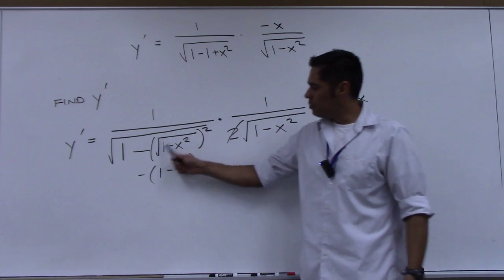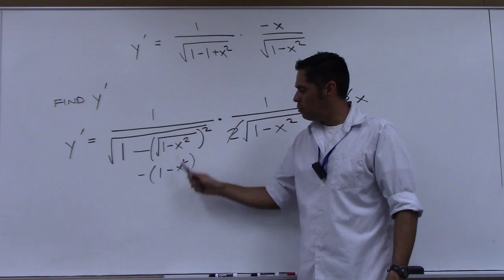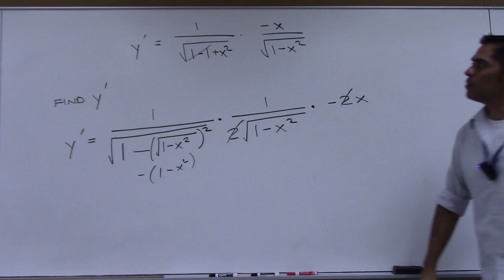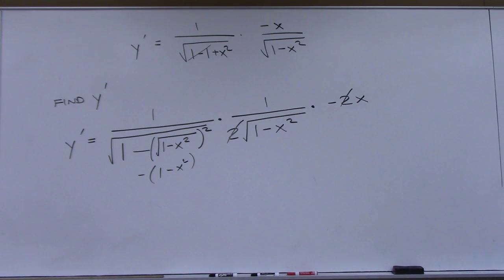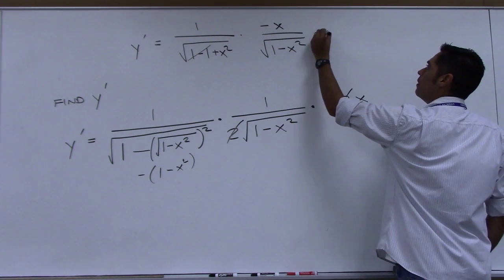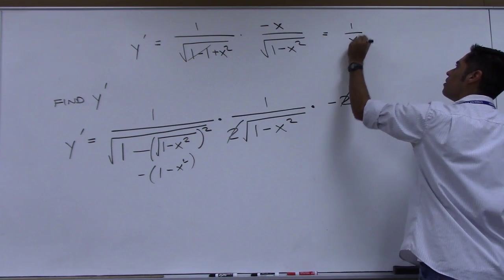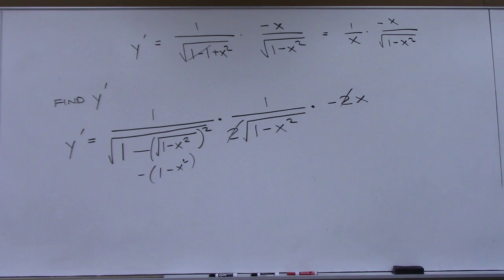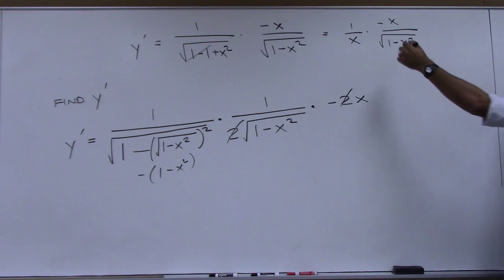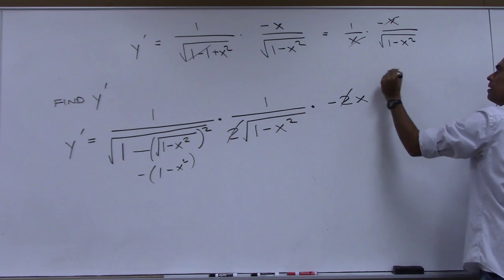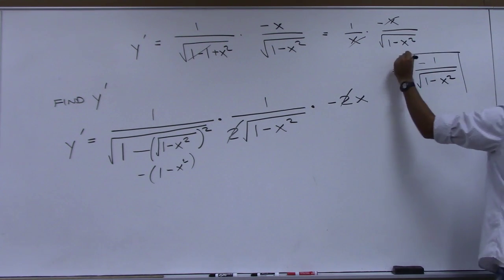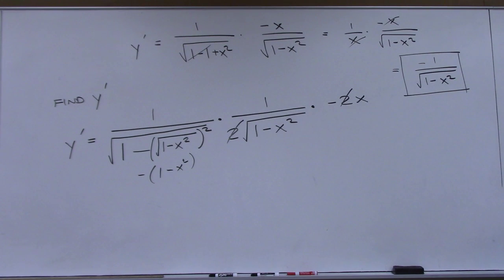When you square, the root goes away, but then there's a negative sign which distributes to each one, right? Which makes this a minus, then a plus. Those ones cancel, and you get the square root of x squared. What's the square root of x squared? x, if x is positive, it's just x. So 1 over x times negative x over square root of 1 minus x squared. Cancel these x's out. So you get negative 1 over square root of 1 minus x squared. There.